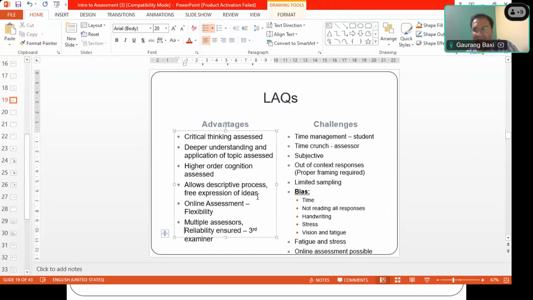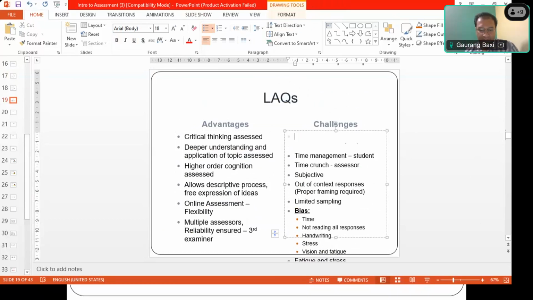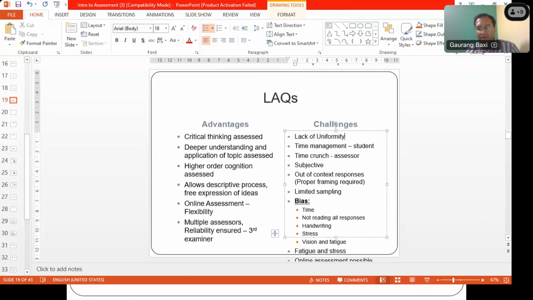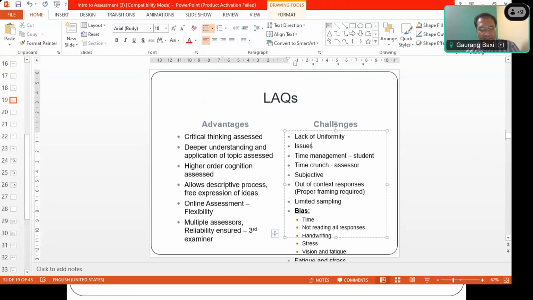So yes, a lot of challenges when it comes to LAQs, and the biggest challenge being that there is a lack of uniformity of assessment, and therefore issues related to validity.